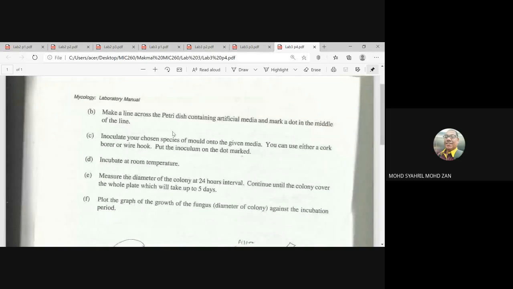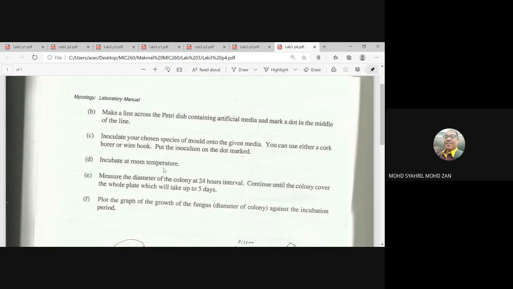So draw a line across the petri dish containing artificial media and mark a dot in the middle of the line. Inoculate your chosen species of mold onto the given media. You can use either a cork borer or a wire hook. Okay, this is for inoculating the sample. Put the inoculum on the dot mark.